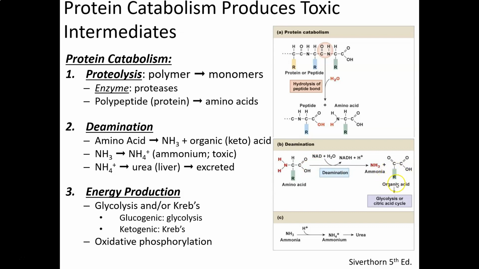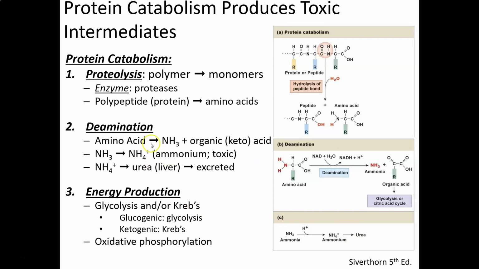Now, this organic acid can be made into glucose or into acetyl coenzyme A, basically. But what we're left with is ammonia, right? So we've removed the amino group, put another hydrogen on it, we've got ammonia. That's not good. And ammonia is toxic to the body. So basically what we do is we convert it to ammonium ion and then urea, and then usually excrete some of it.